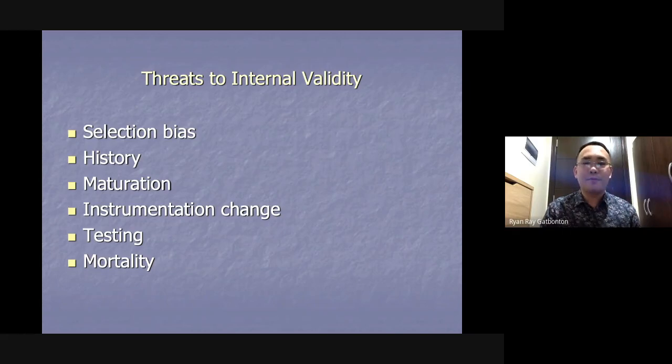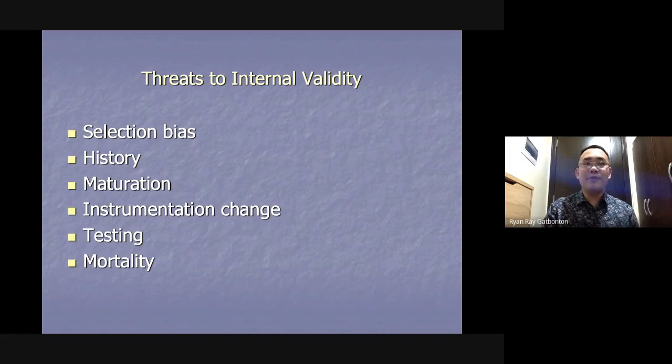For example, if you are conducting a smoking cessation program in a group of third-year nursing students. And then at the same time, there's a smoking cessation campaign running in your school during the time of your data collection or implementation.